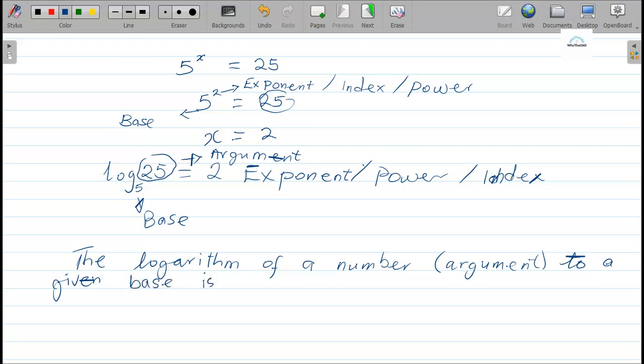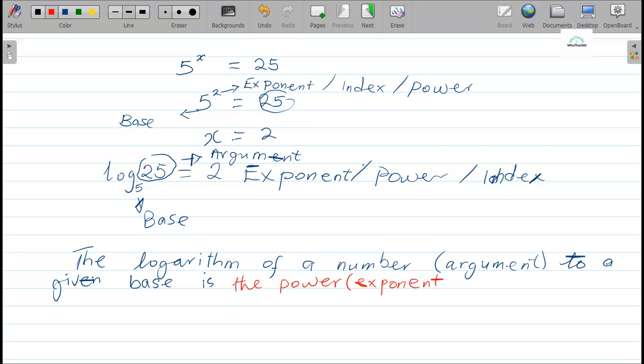is, we are talking of the answer. So I'm going to write the answer in red. Is the power, because the answer is always the power or the exponent or the index.